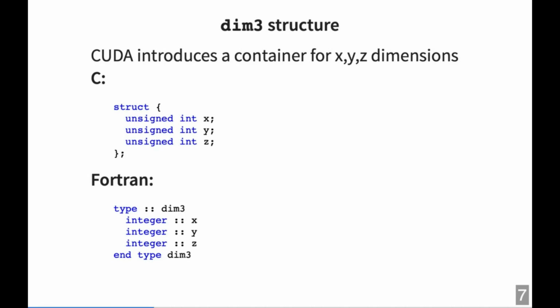So these simple containers will crop up quite a lot in CUDA. There is something called a dim3 structure, which is just an aggregation of an integer x, y, and z, and the Fortran equivalent is a type dim3, again with these three components. So we'll see these things in what follows.